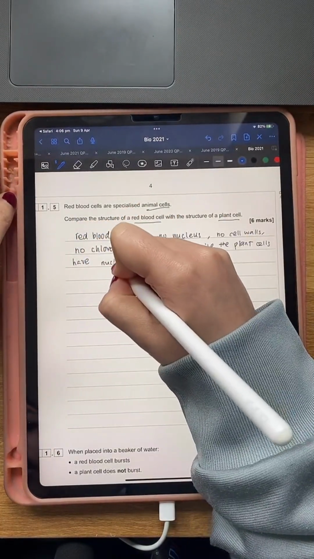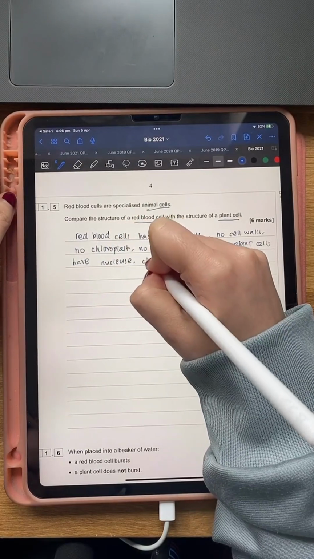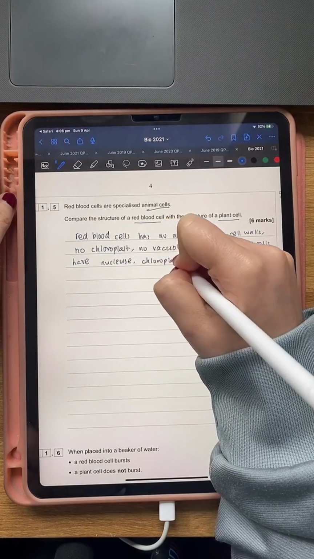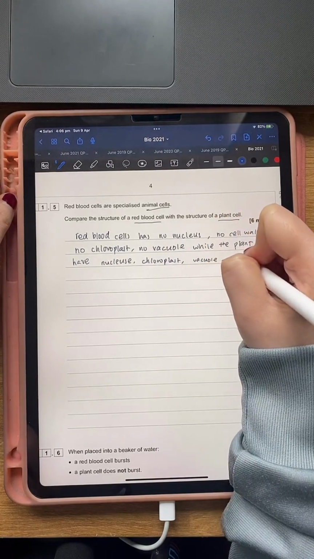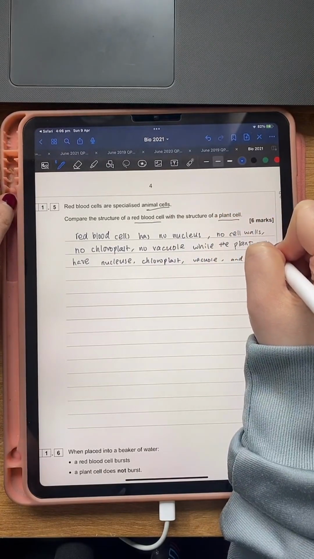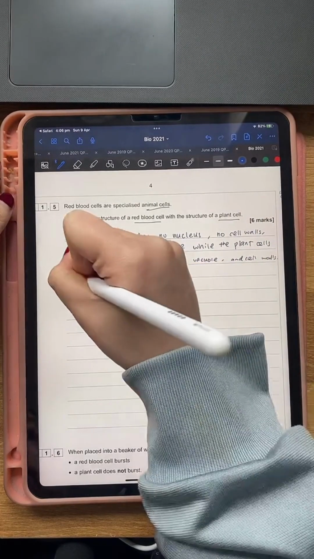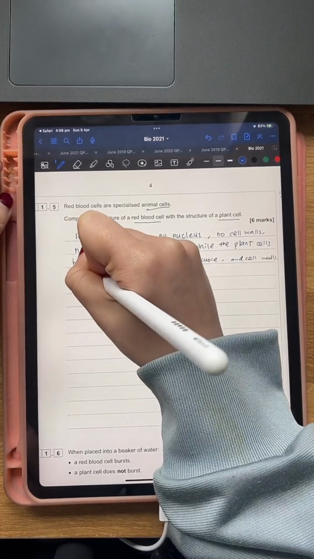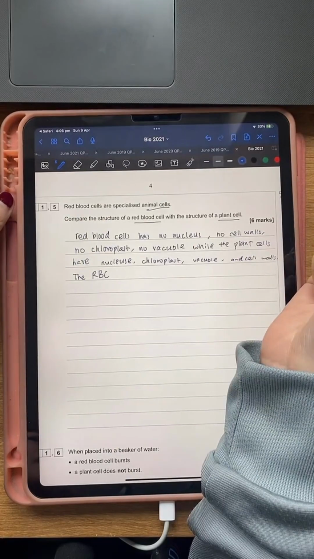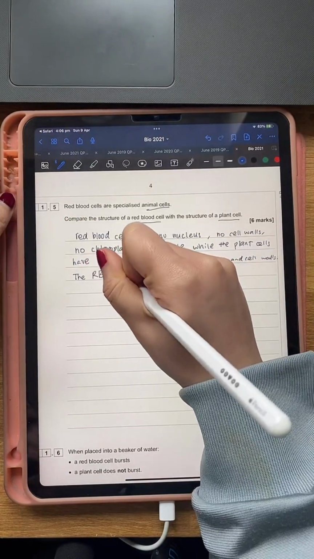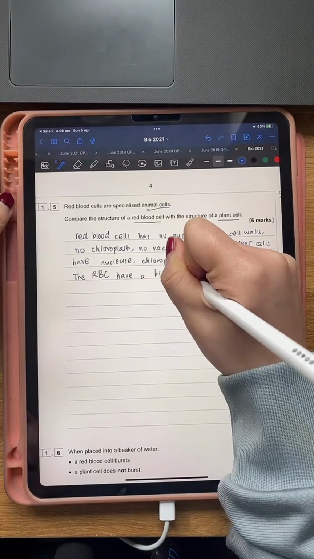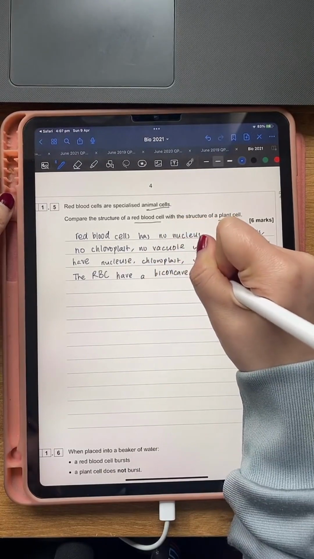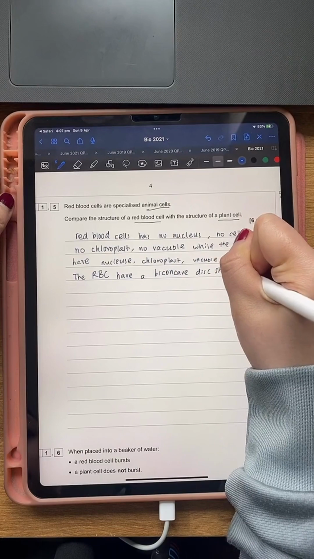So it has a nucleus, chloroplast, vacuole, and cell wall. For the red blood cell, I'm going to summarize it as RBC, biconcave shape, and contains hemoglobin.